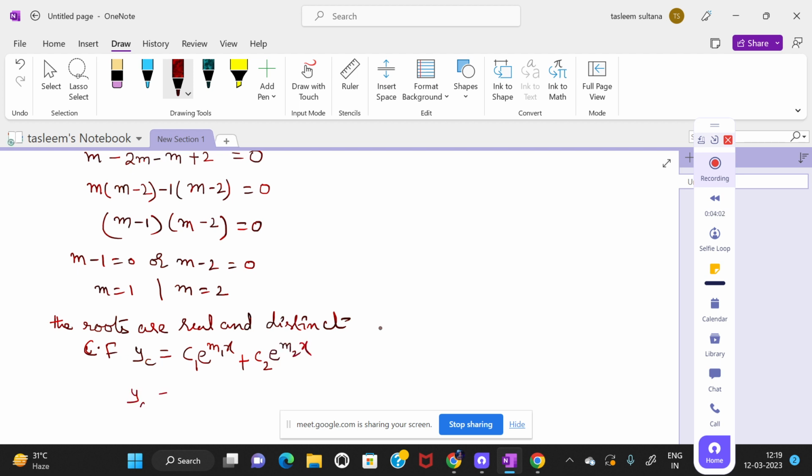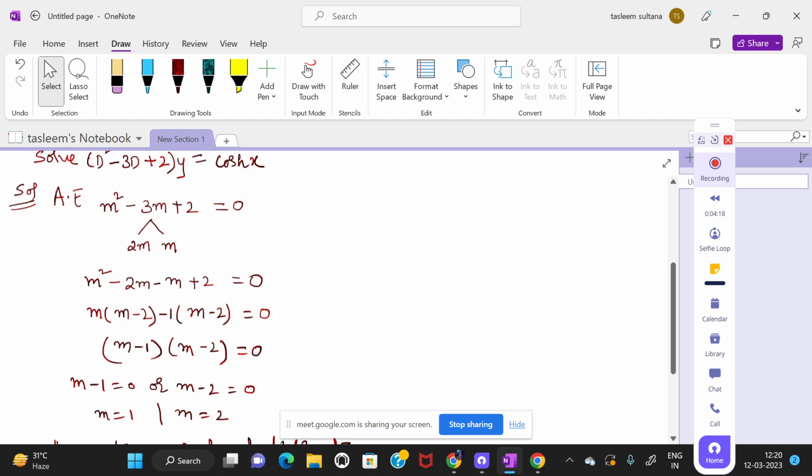So y suffix c equals c1 e to the power of x plus c2 e to the power of 2x. Yes, Aditya, till here it's clear for you.